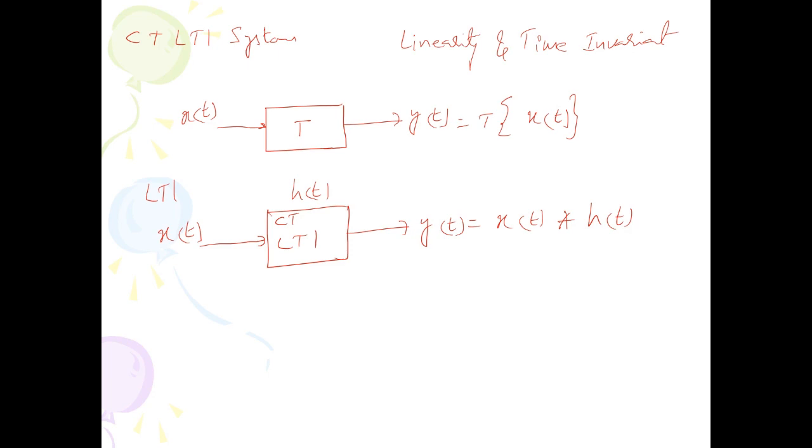Once you know the impulse response, whatever the input signal x of t may be, we can simply convolve x of t with h of t. Now apply Fourier transforms on both sides.